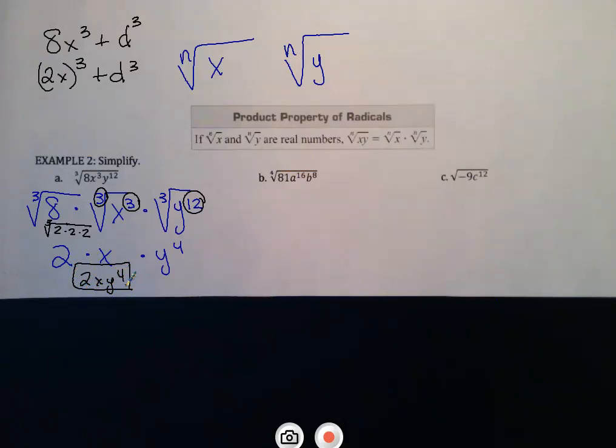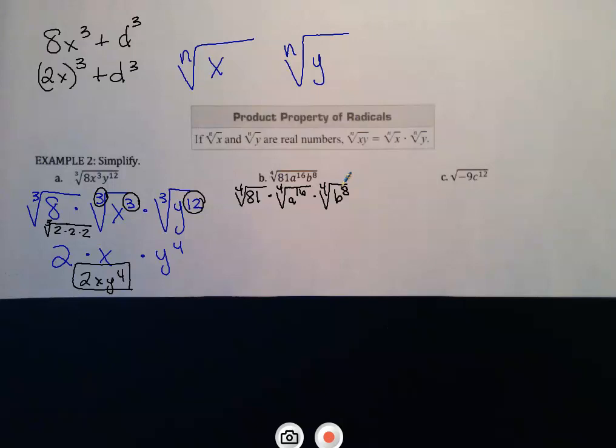So with the next one, we have the 4th root. We're going to take the 4th root of 81 times the 4th root of a to the 16th times the 4th root of b to the 8th. So how about the 4th root of 81? 9 times 9 is 81, right?